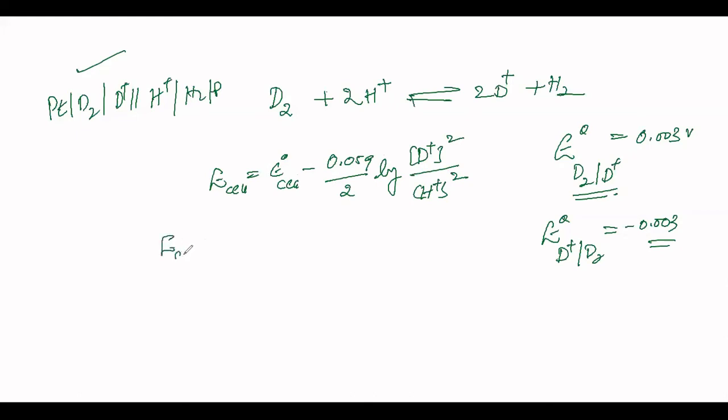So E cell should be equal to, E cell is given to you, D2 plus dt, considering the following data. Okay. Even below, calculate the equilibrium concentration of this. Fine. So you will be getting only this, isn't it?